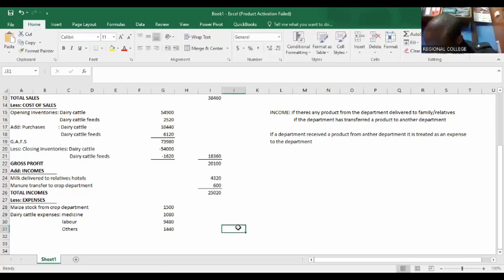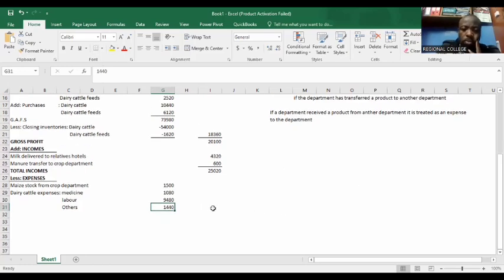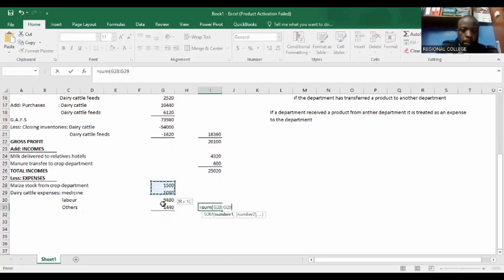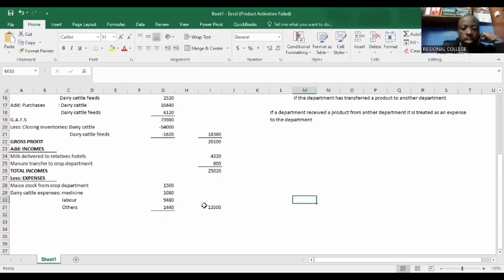Then cash at bank, capital, trade payable, general expenses, Napier grass, crop. There is none. So let's get their totals. So that is their total.